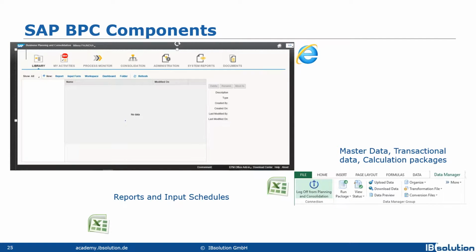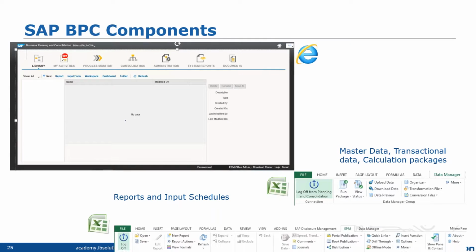You also have the EPM add-in for BPC, and it has two tabs within Microsoft Excel, as we see on the screen. One is for master data management, so it is more an automated way to load data, extract data, or to perform particular calculation on demand.